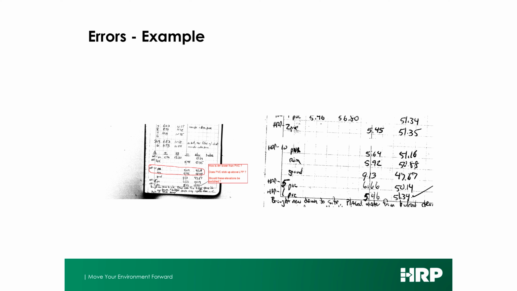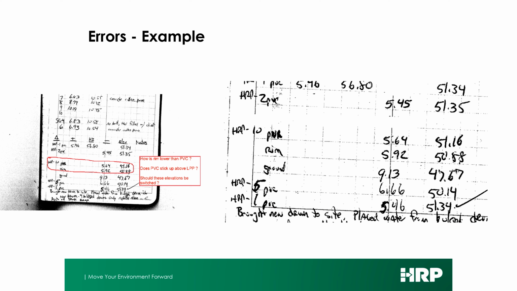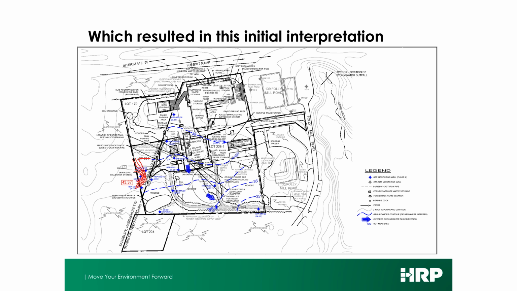Because what he had done, at the start of the column here where it says HRP 10, he saw this 51.16 as 57.16. Changed the water table by 6 feet. Now, this is the actual cartoon that was sent to me, look.